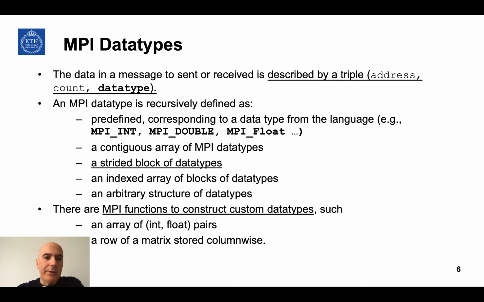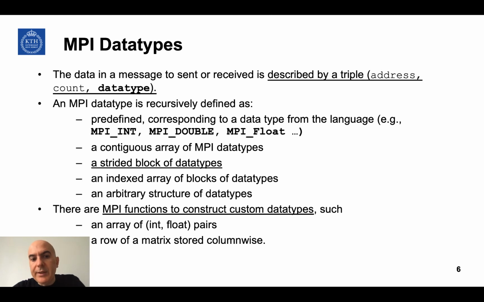Well, the way to define that is recursively, starting from predefined types corresponding to a data type from the language. So we can use MPI int, MPI double, MPI float. We can define a contiguous array of MPI data types. We can define a strided block of data types. That's a particular case that we are looking at today.